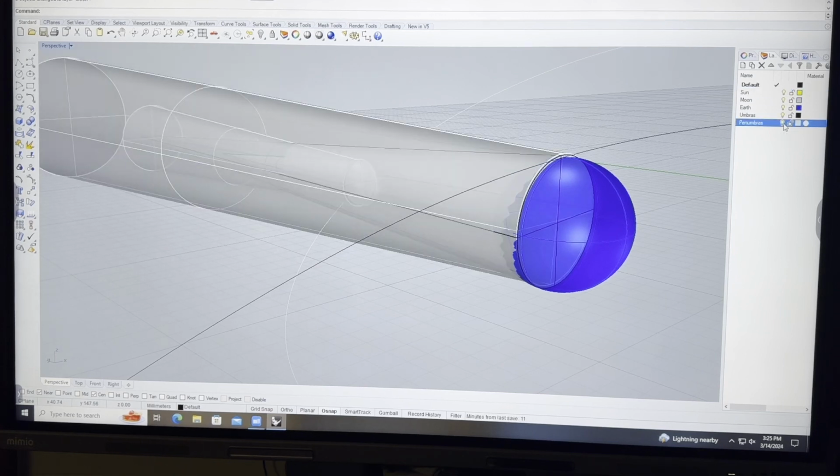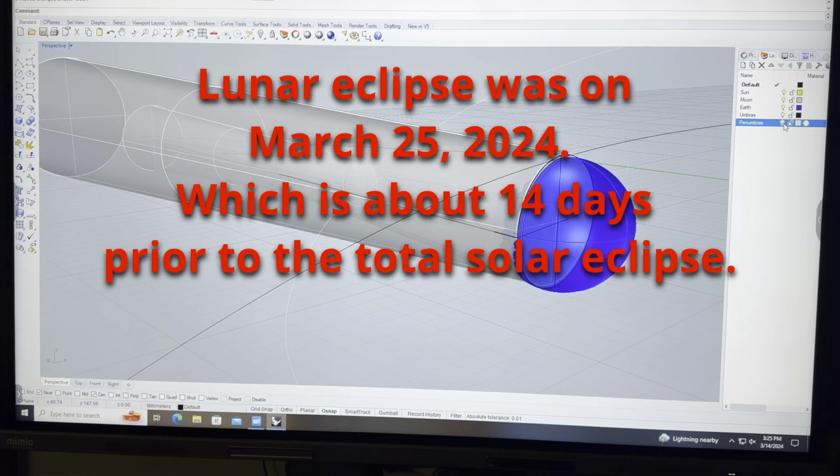Now, little trivia is that typically whenever there is a total solar eclipse, there will also be a lunar eclipse somewhere within a month of the eclipse. And if I remember correctly, there should be a lunar eclipse about 2 weeks before the total solar eclipse.